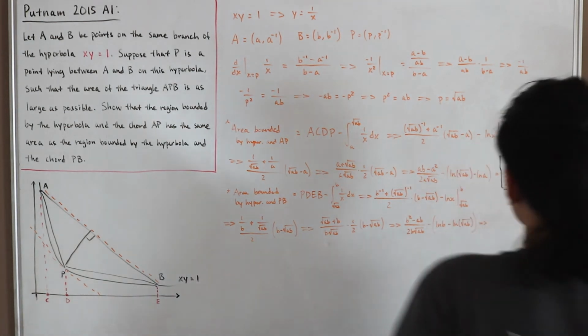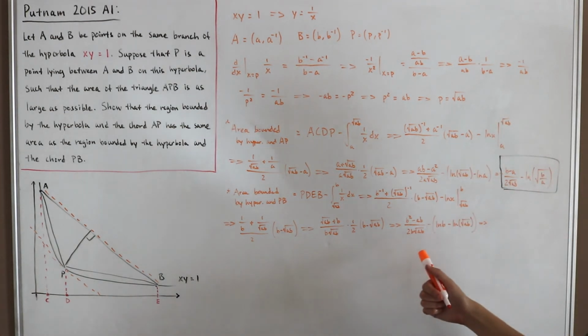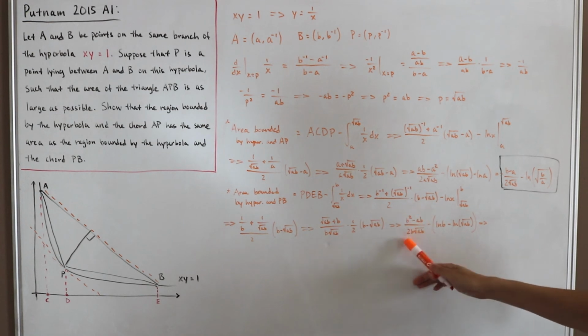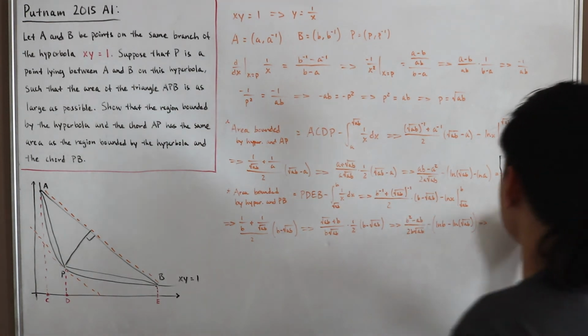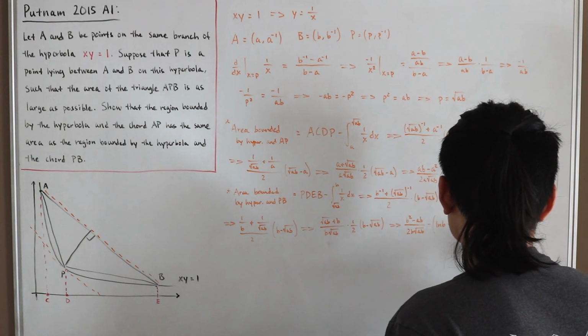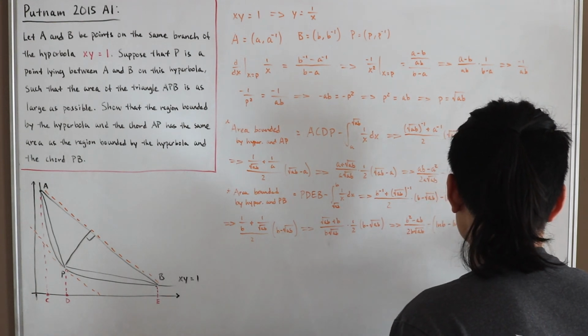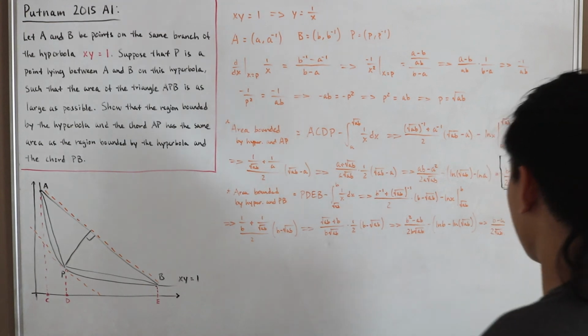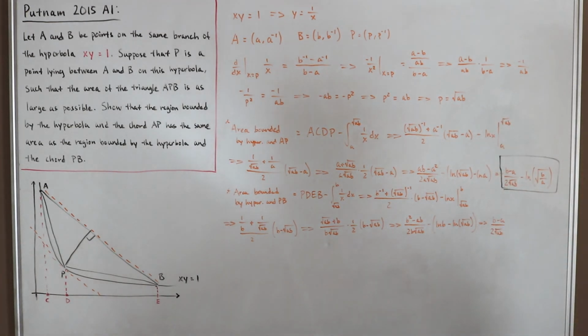So now, skipping a couple steps, I can factor out a B from here, and then the B's will cancel. So then we just have B minus A, divided by 2 times the square root of A times B. And our last step is to use the natural log rules.